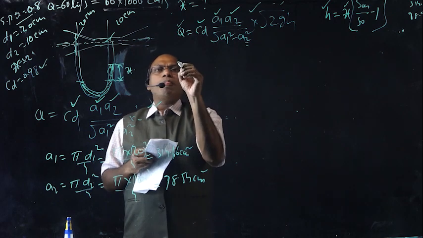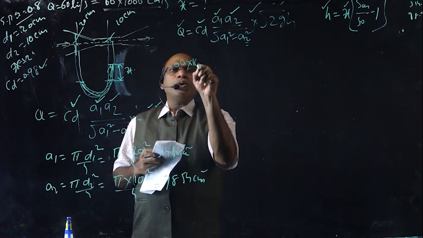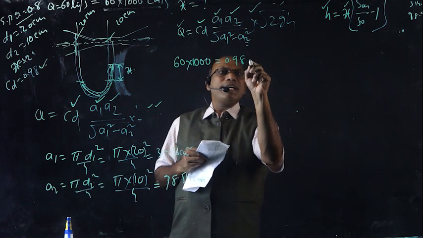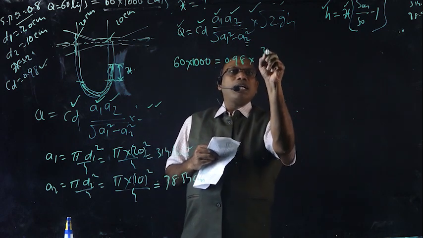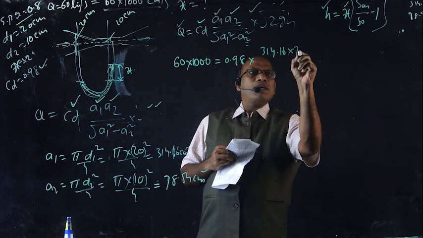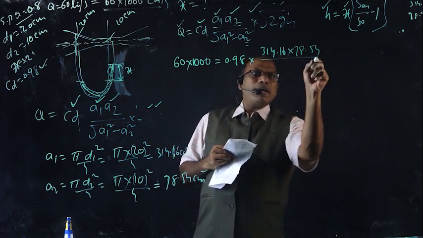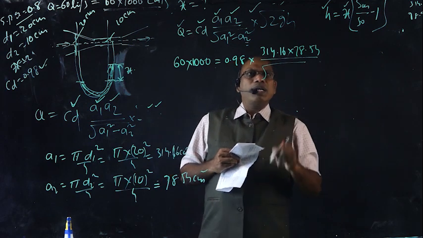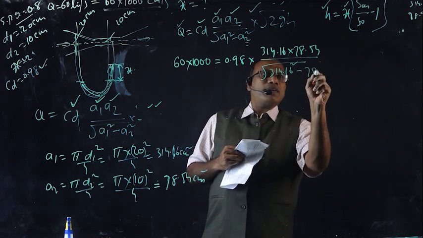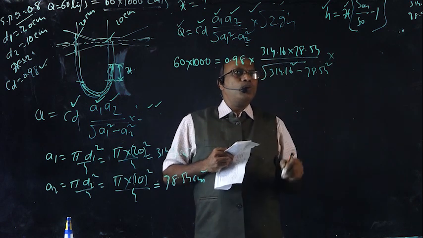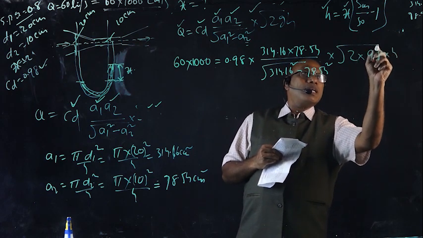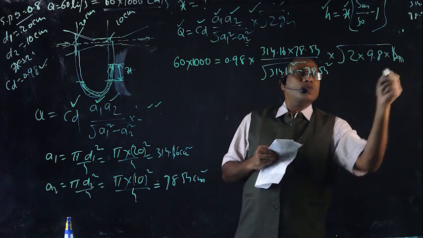Right, Q is equal to 60 into 1000 centimeter cube per second, into CD value 0.98, into A1 314.16, A1 into A2, A2 is nothing but 78.54, divided by square root of A1 square 314.16 square minus A2 square 78.54 square, into root 2 into G 9.81 into H. H is the only unknown.